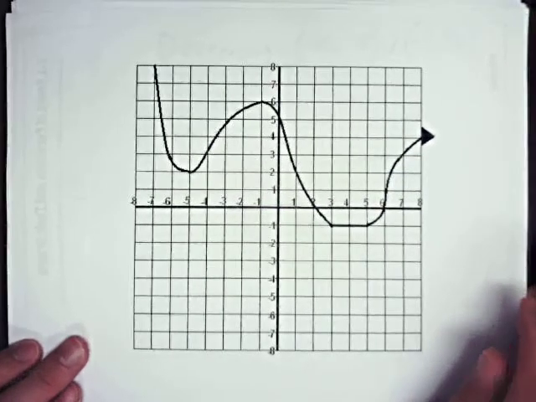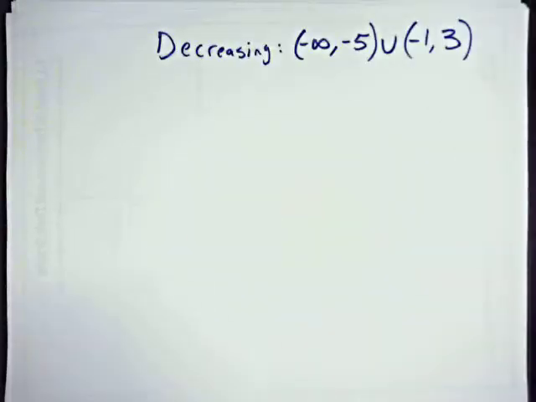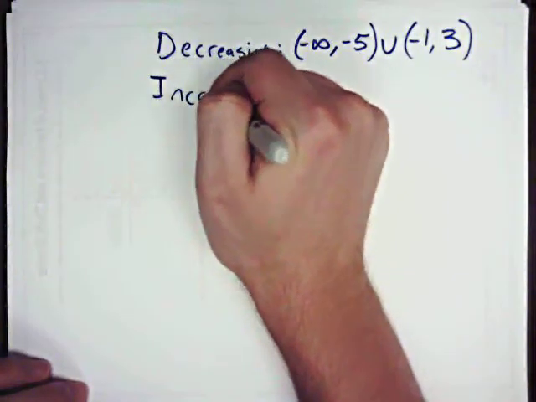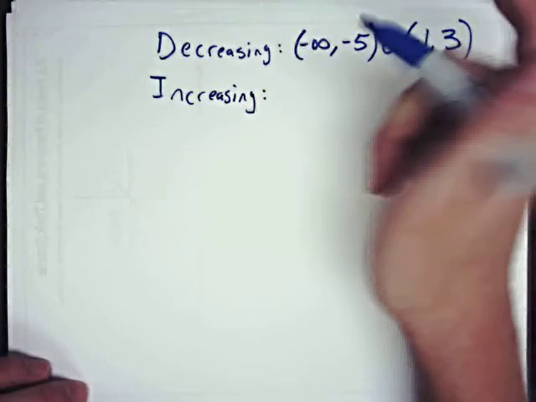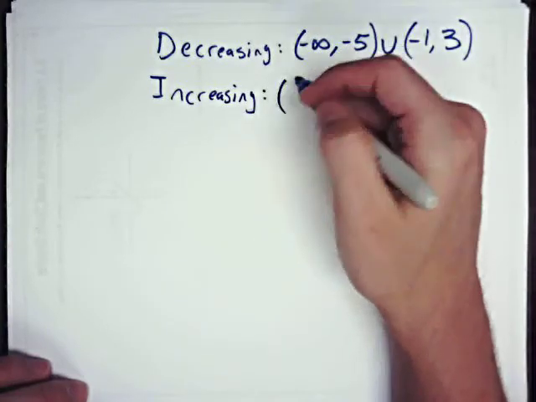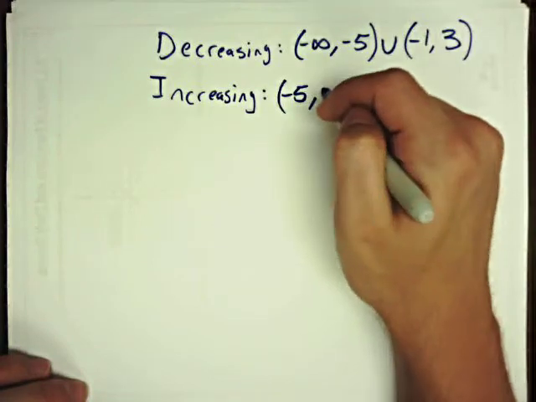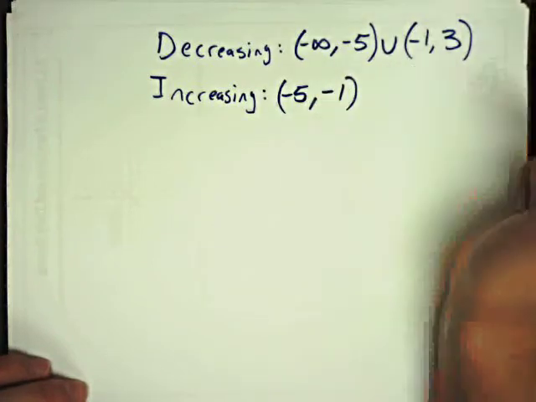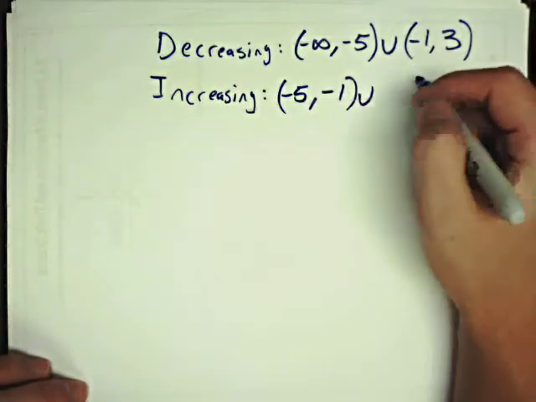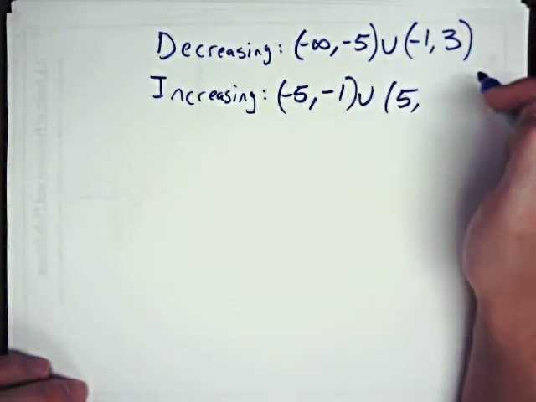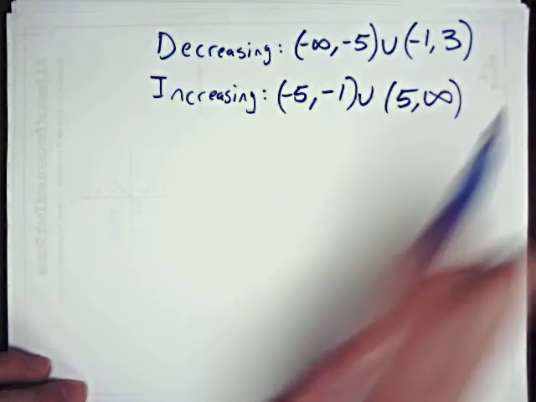So the increasing parts of our graph start at x equals negative 5, end at x equals negative 1, and then again start at x equals positive 5, and do not end, going to infinity.